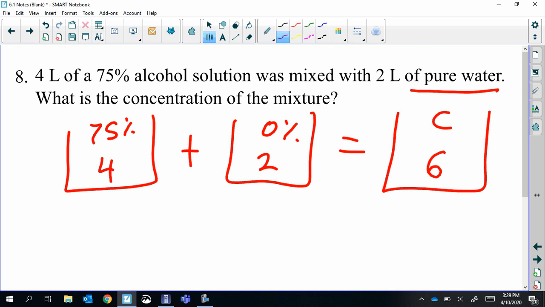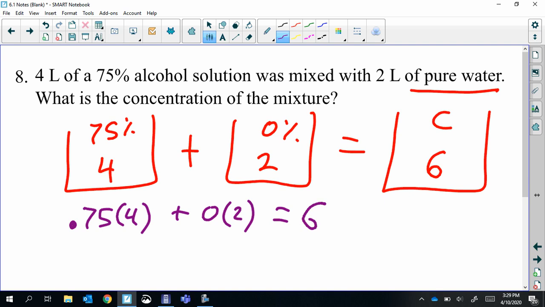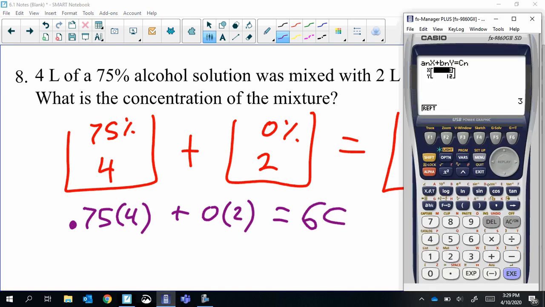So this doesn't require 2 equations because our second equation here is 4 plus 2 equals 6. We just did that. So we only really get one equation here, 0.75 times 4 plus 0 times 2 equals 6c. So we don't even need the equation solver, we just have to do pretty much straight out 0.75 times 4.